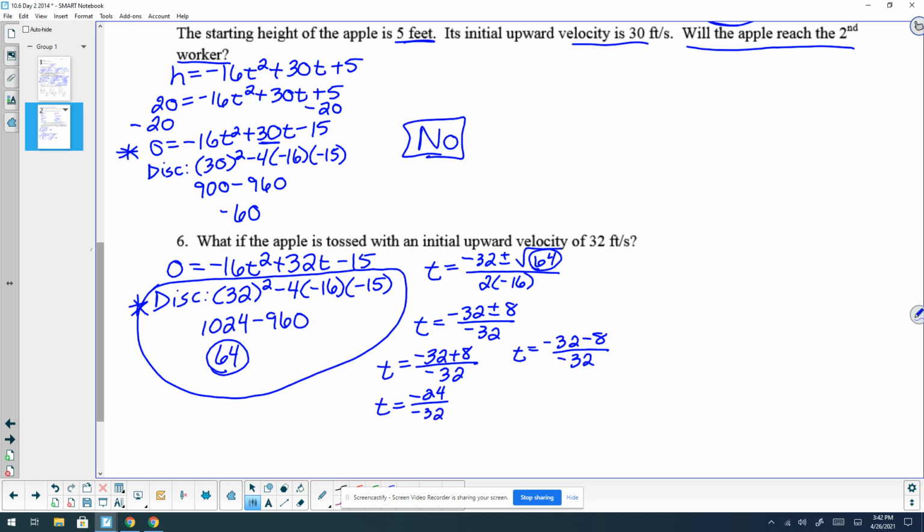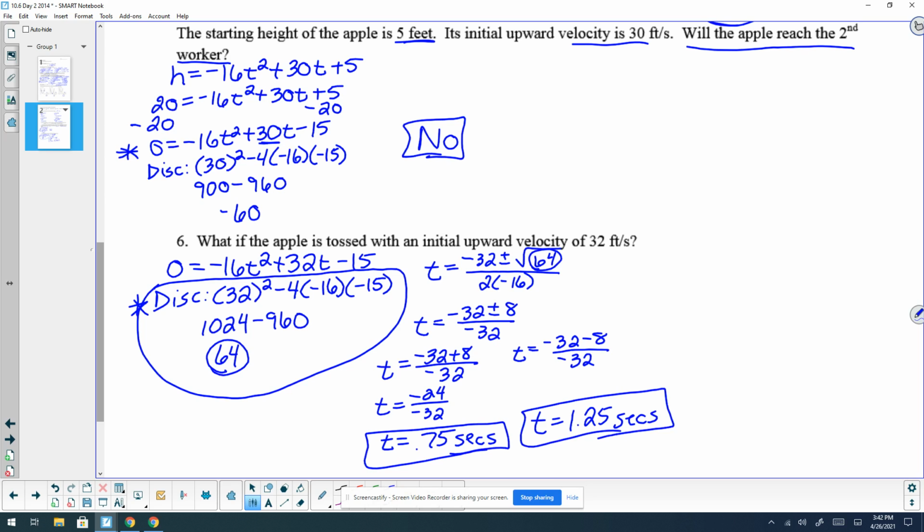Negative 24 divided by negative 32 would be 0.75 seconds. And then negative 32 minus 8 is negative 40 divided by negative 32. So this would be at 1.25 seconds. So it actually would reach the height of that second worker at 2 times, and those are the 2 times.